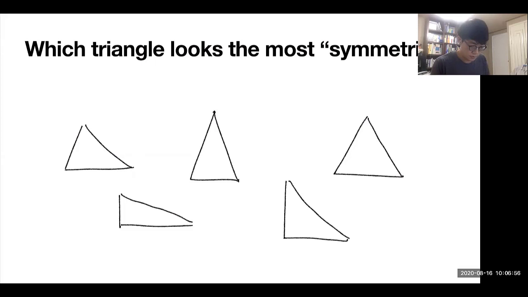In an isosceles triangle, the 2 sides are equal in terms of length. So the observation is that these 2 sides are equal, and that's some sort of property that's not present in triangles such as this one or this one.